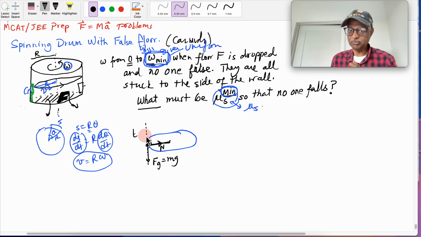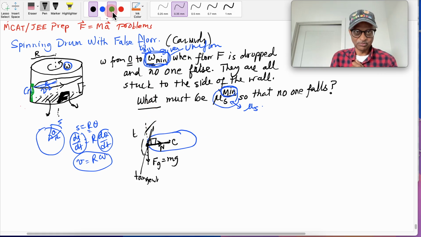Normal is not pointed up and down. Normal has to be 90 degrees to the surface. The drum surface is that way, so its tangent is that way, and normal is 90 degrees to it, so it's towards the center. So normal is pointed towards the center, and there may be forces of friction.